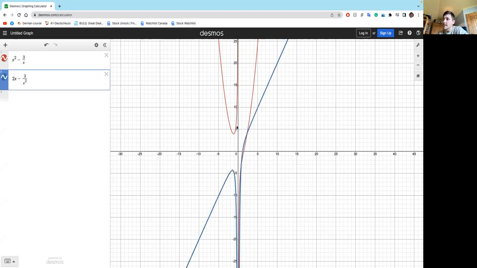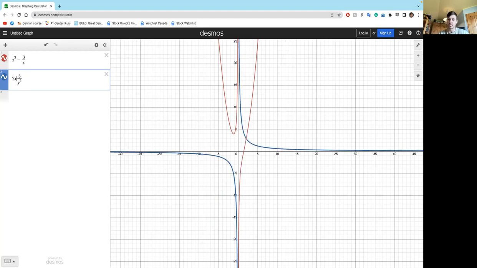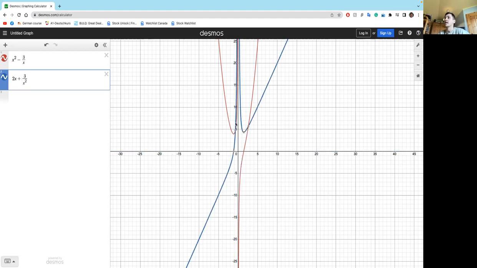Sorry, I beg your pardon, that should be plus 3 over x squared. And so here, what you can see with our blue line, the blue line is representing the gradient of the red line.